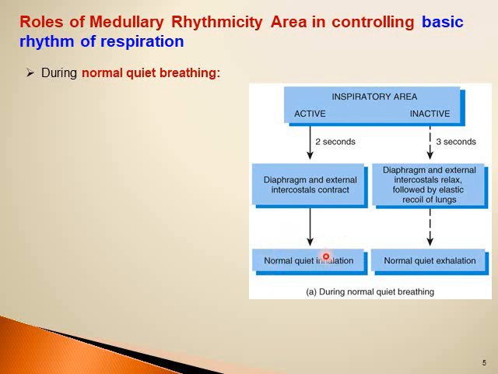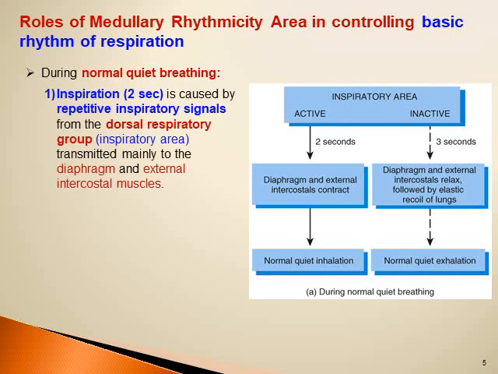Again, we are talking about normal quiet breathing, which is the breathing at rest. Then for the following 3 seconds, the dorsal inspiratory area becomes inactive. So there are no more action potentials delivered to the inspiratory muscles. Therefore, the diaphragm and external intercostals will relax, followed by the elastic recoil of the lungs, and this will lead to the passive process of exhalation, which is the normal quiet exhalation.